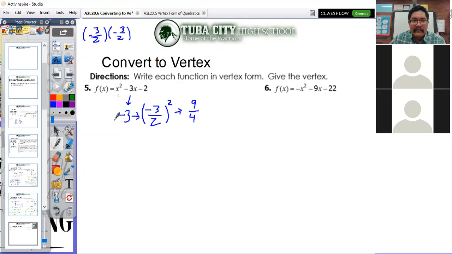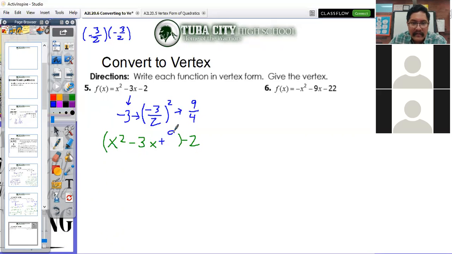Now I'm going to go ahead and rewrite my original equation, x squared minus 3x. Now, there's no funny business here. I didn't factor anything out. So I can go ahead and keep it on the simple side and leave a space here while I write -2. Now I'm going to go ahead and put 9/4.